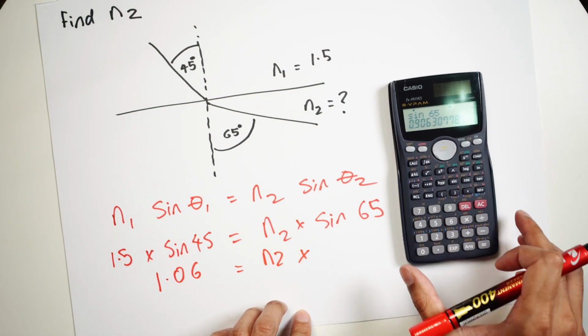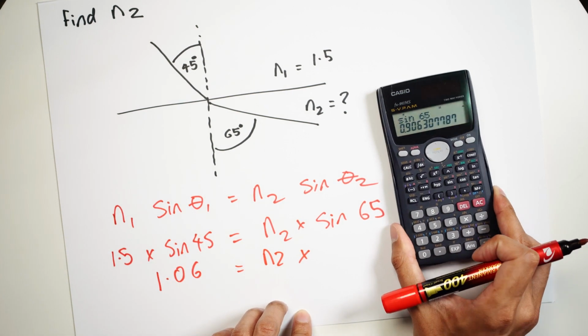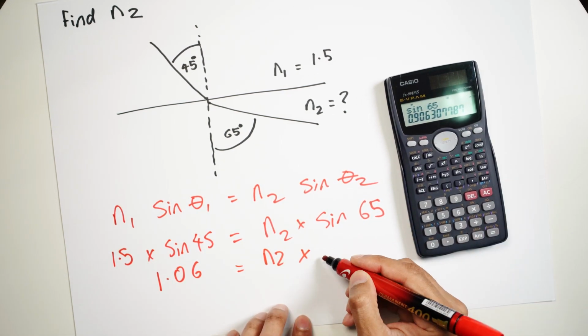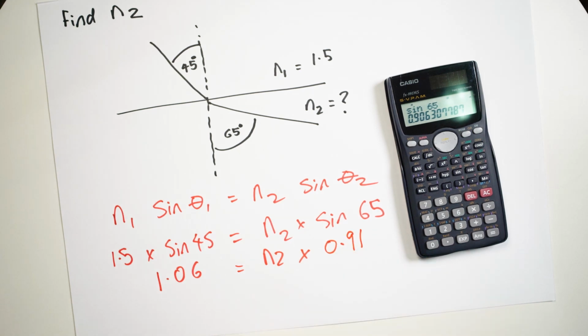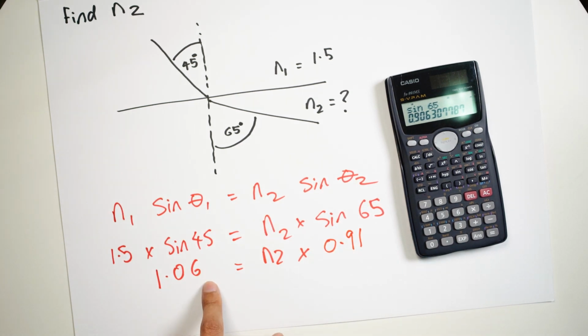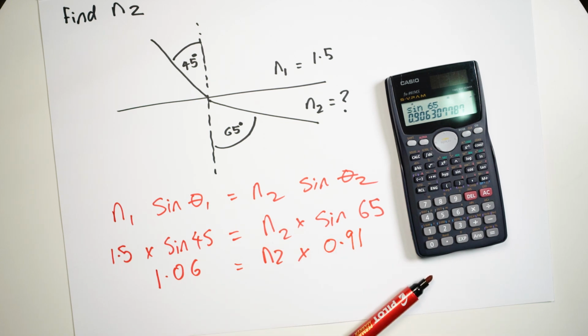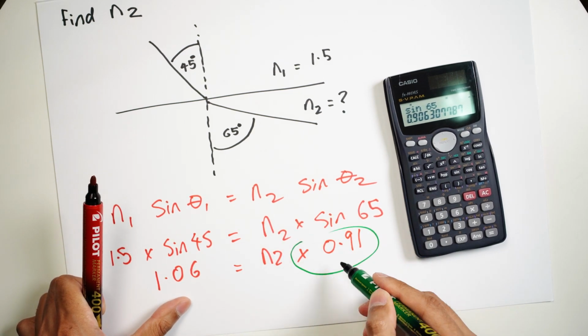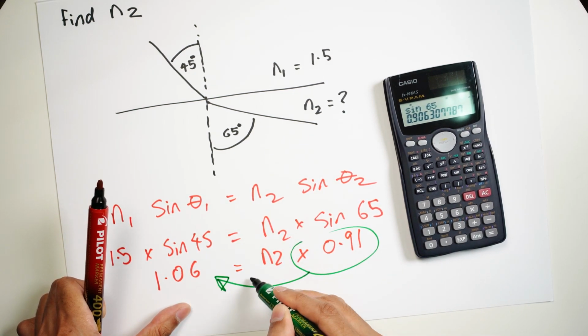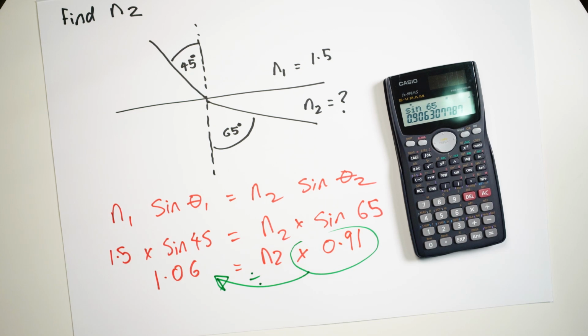Sine 65 is 0.91. So what I do is 1.06 divided by 0.91. What I'm doing, in case you don't know the mathematical theory, if it's times over here, it becomes divide over there. And that's what I'm doing.